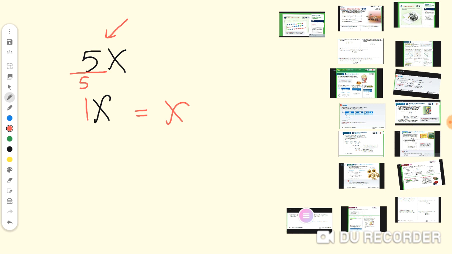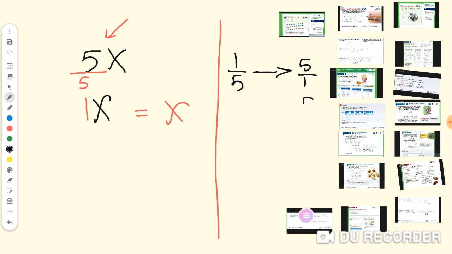multiplicative inverse. What is multiplicative inverse? Okay, a small brief about it. The multiplicative inverse is to flip the number. So if I have 1 over 5, its multiplicative inverse is what? 5 over 1, which is 5. What about 3? What is the multiplicative inverse of 3? Yes, flip. The denominator here, by the way, is 1.